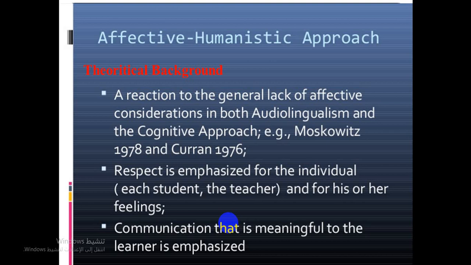Priority is given to personally meaningful communication. Instruction often involves pair or small group work. The teacher is a counselor or facilitator instead of the ultimate source of knowledge, and translation can be used, especially in the early stages.